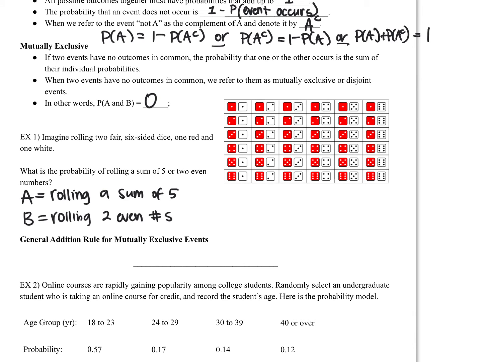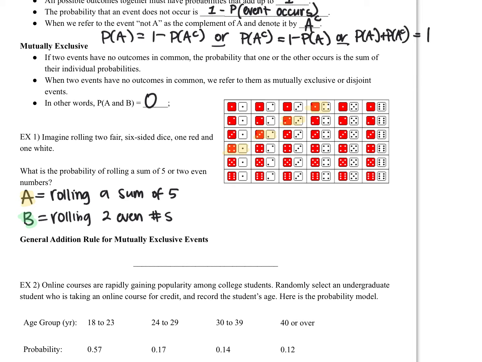And I'm going to go through and highlight event A in yellow and event B in green. So for a sum of 5, I know 4 plus 1 and 2 plus 3 is going to give me 5.